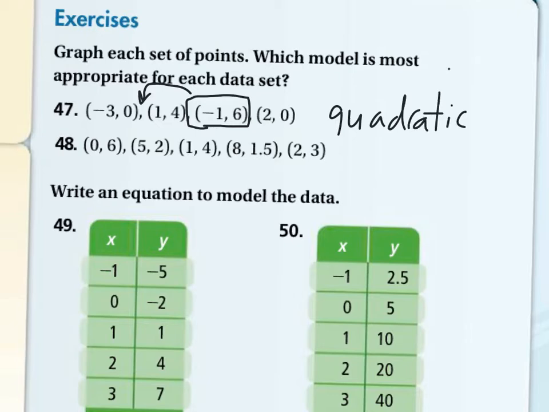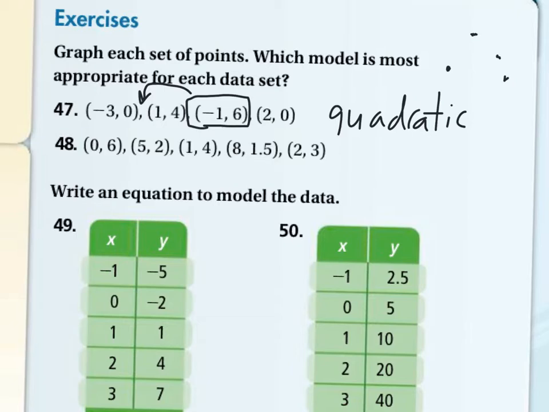It's a little scattered, but you can see enough of it that it would open down and be kind of an upside down U shape, like a quadratic function.